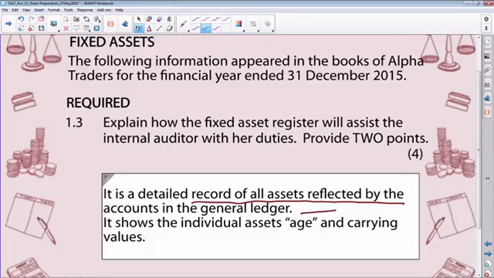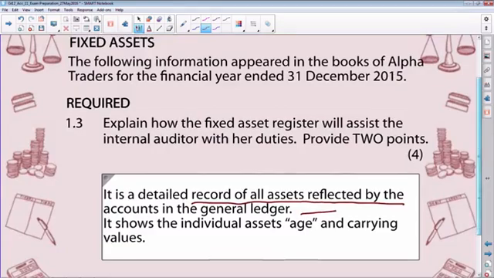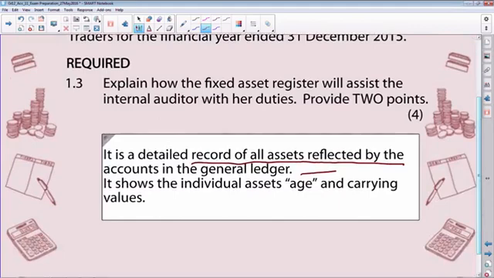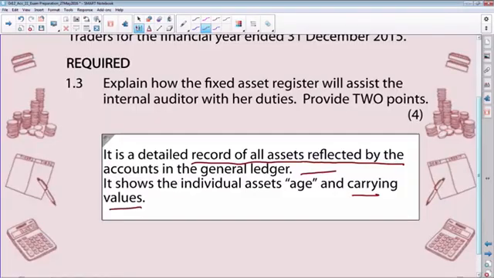It shows you the individual assets, the age, and the carrying value. Remember, your general ledger does not show you that. Also, in this way here, it can assist us in determining which assets need to be replaced, right? Or you could use it in determining the carrying values, like we said here, what was the carrying values of my assets. Okay, grade 12s, that was the first part of our question.